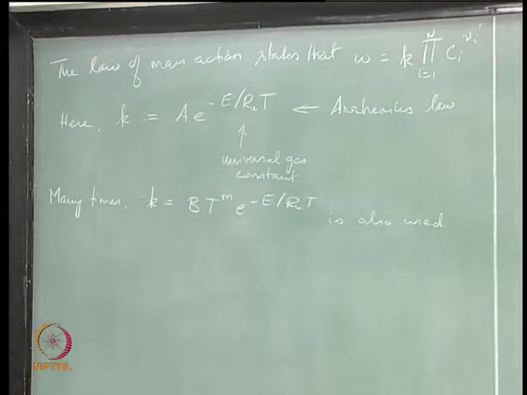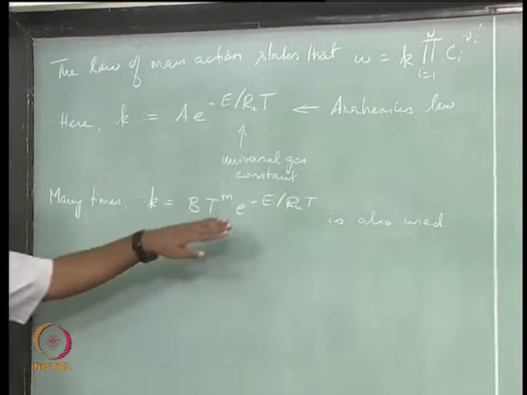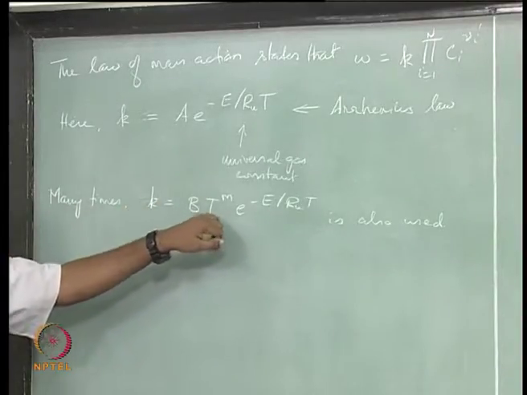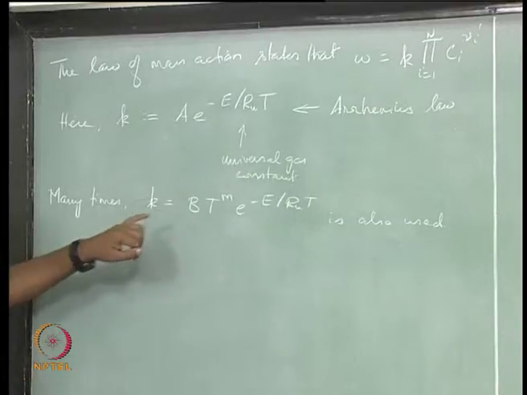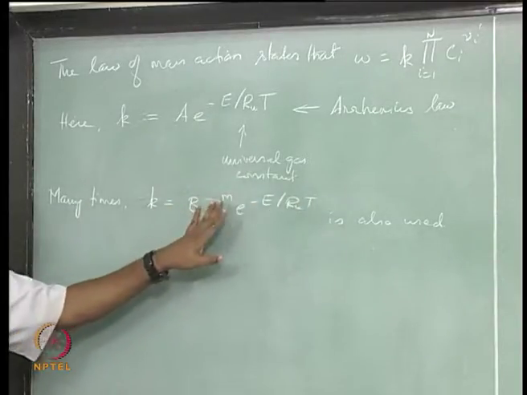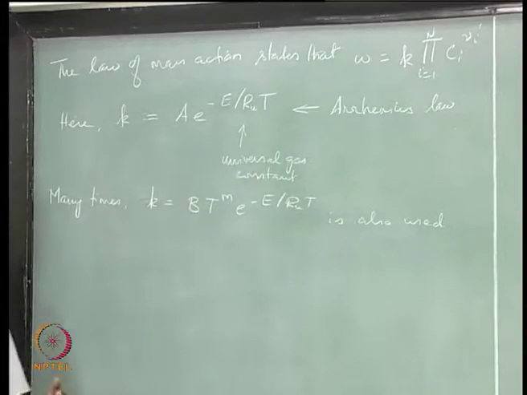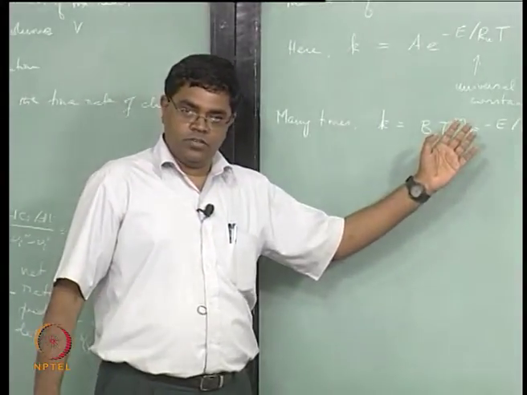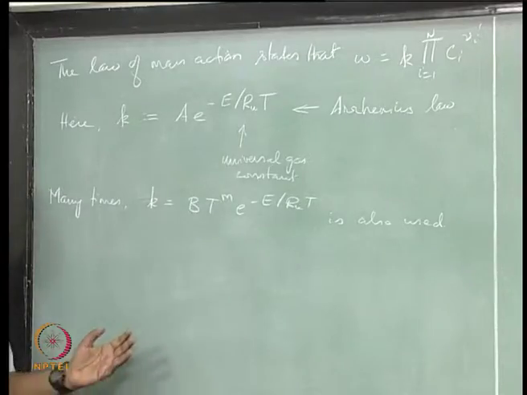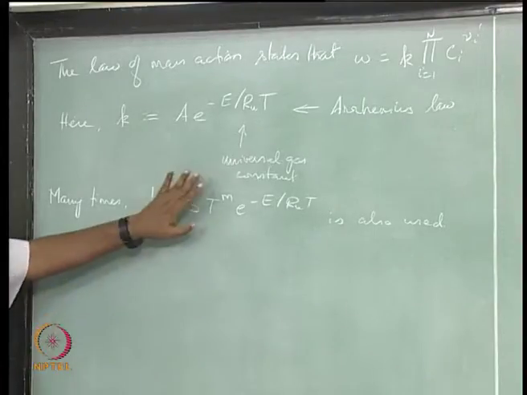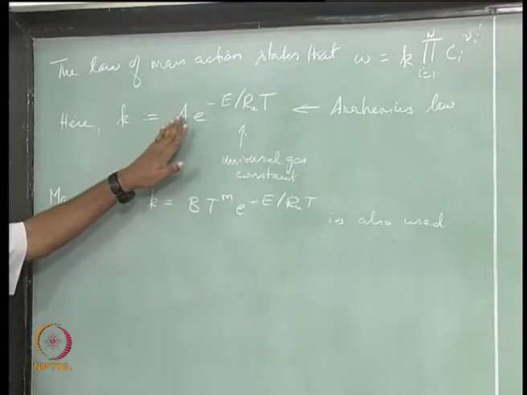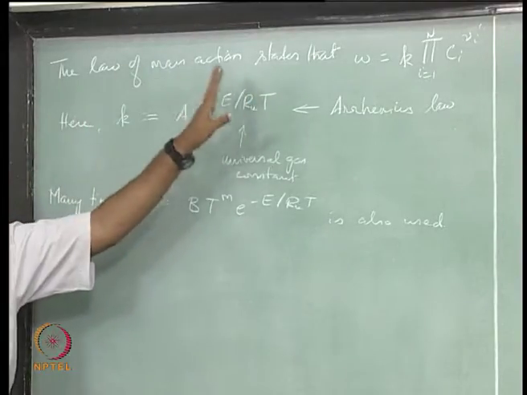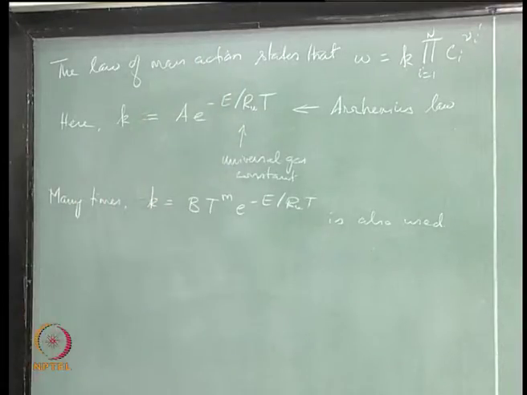That means there is a polynomial dependence of the rate constant on temperature, T to the m, and an exponential dependence on temperature. The exponential dependence is obviously a lot stronger than the polynomial dependence. So sometimes you could ignore the polynomial dependence and simply take k as A e to the minus E over RT, taking in only the exponential dependence.